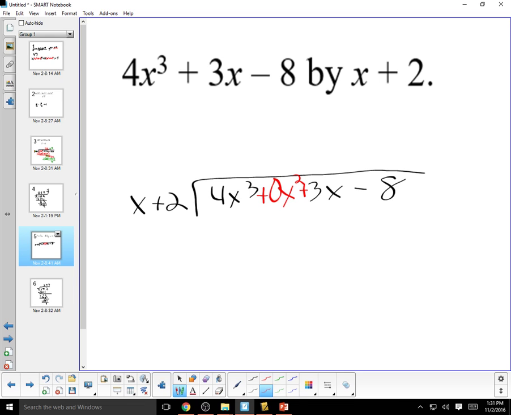And adding 0 doesn't change the problem, does it? So all I've done is put a place so that I can put my number, so that it all lines up. So this doesn't change the problem at all. But if I did just x by itself, then yeah, because that's saying there's 1x there. It's just a little subtle change to help me finish it. Can you go from there?